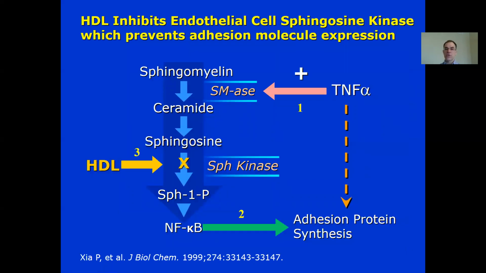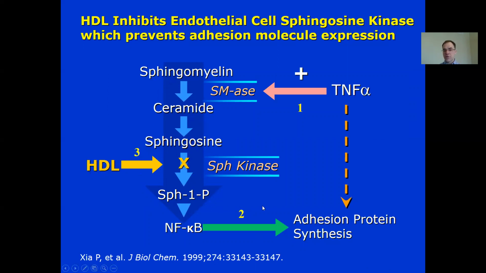How it does this, and you don't need to memorize this pathway, but just to give you a little more detail, is that there are a number of steps by which adhesion molecules are activated. HDL comes in and prevents this cascade from occurring by preventing sphingosine from being made into sphingosine 1-phosphate.